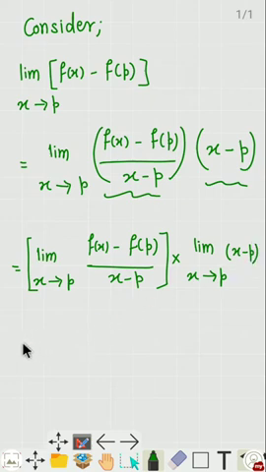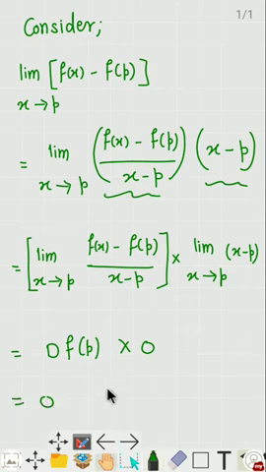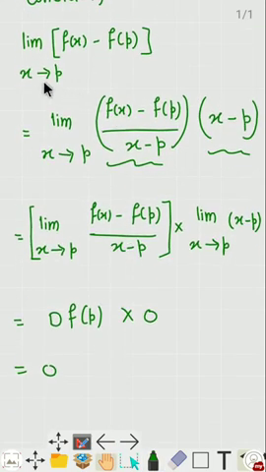The value of this limit exists and the value is the derivative of function f at point p, into the value of this limit is 0, and 0 into this derivative is equal to 0. So what we have, the value of this limit is equal to 0.